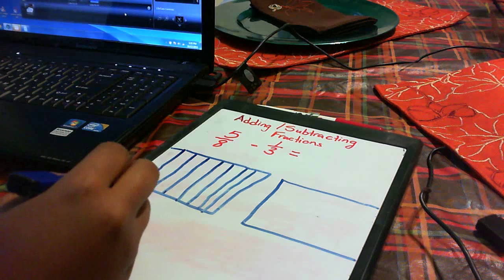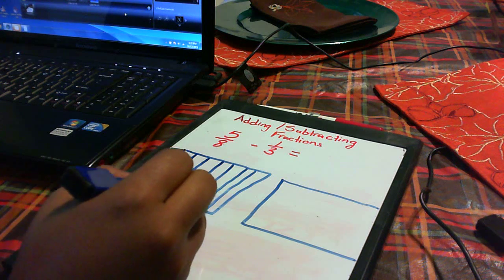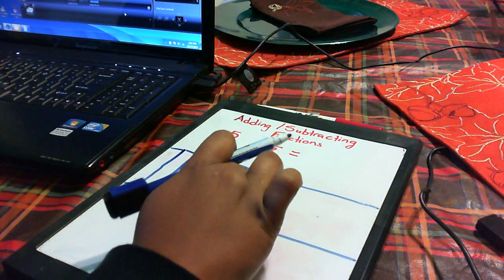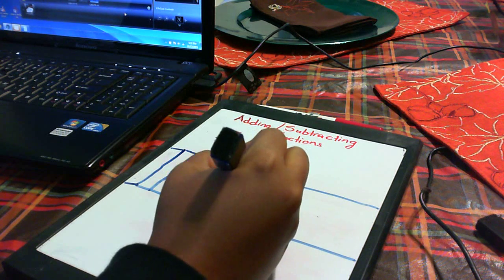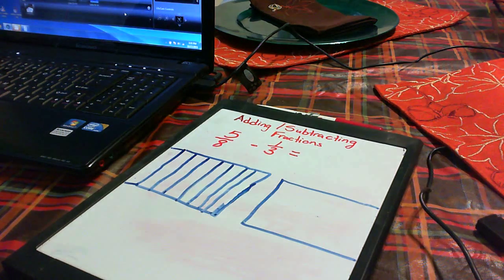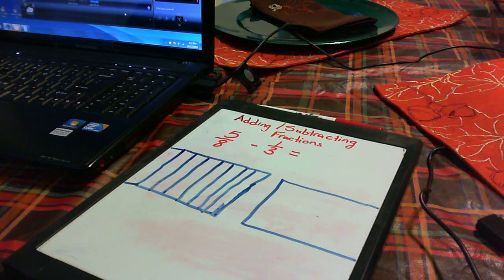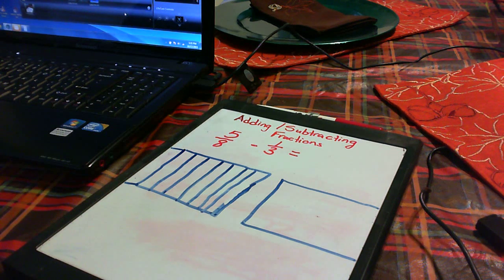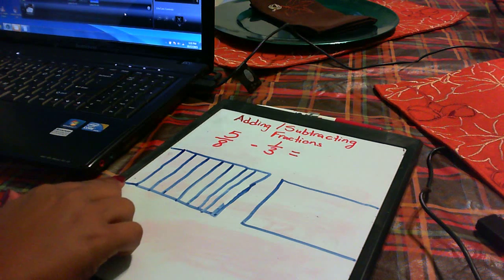And so I have 1, 2, 3, 4, 5, 6, 7, 8 pieces. Now, when you're doing your model, it doesn't have to be perfectly straight. When we go over fractions, yes, they're equal parts, but it doesn't have to be perfectly straight. You see a little wiggles in my lines, and that's okay. No big deal. So I have my 8 pieces.